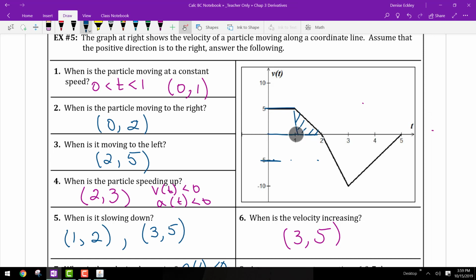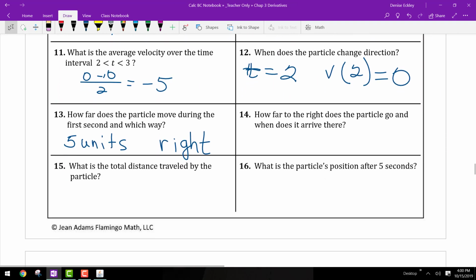Because this area is going to be the area of this rectangle, which is 5 by 1, so we get 5. Then we're going to find the area of this triangle, so it's going to be 1/2. 1 unit is the base, and the height is 5. So we get 5 halves for that. So we're going to add those together. So we get 5 plus 5 halves, which is going to equal 7.5 units.